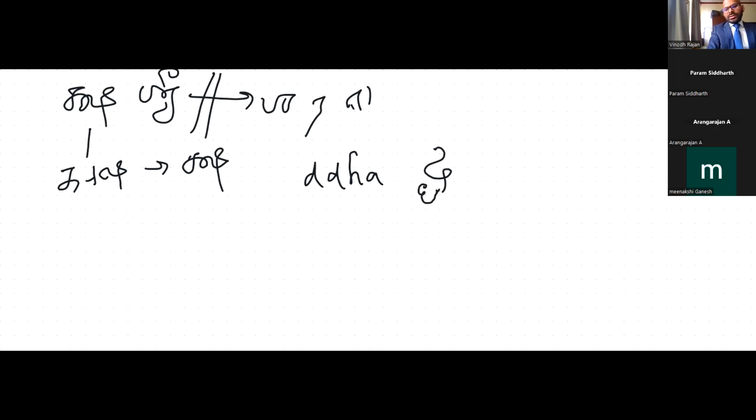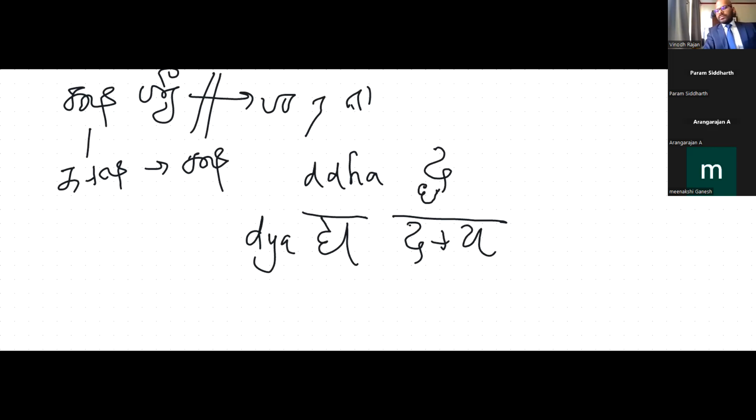To write the word dear, you combine the letters in one single stroke. You take the first consonant and the second consonant and squish them together, or you place one below the other.